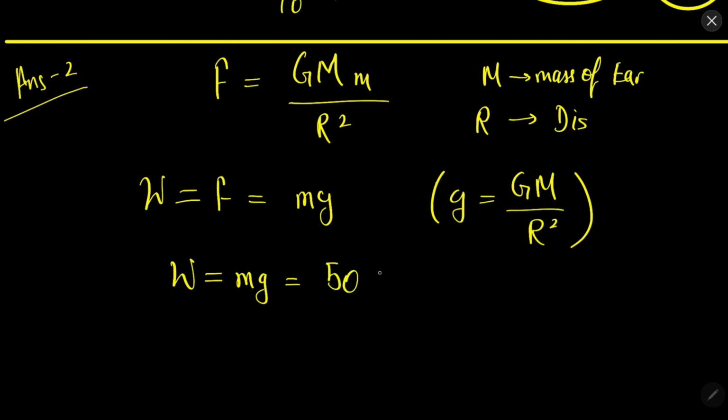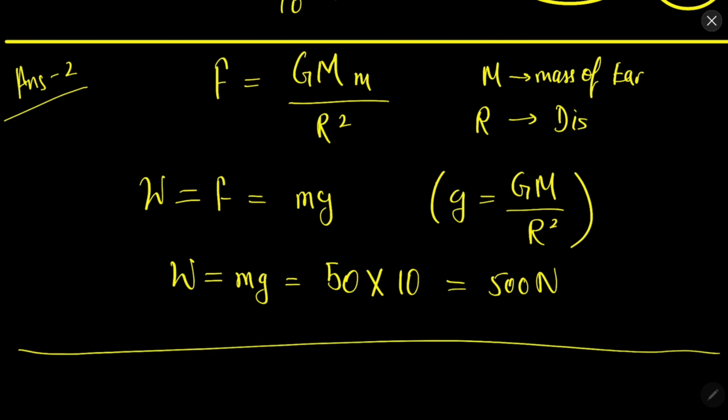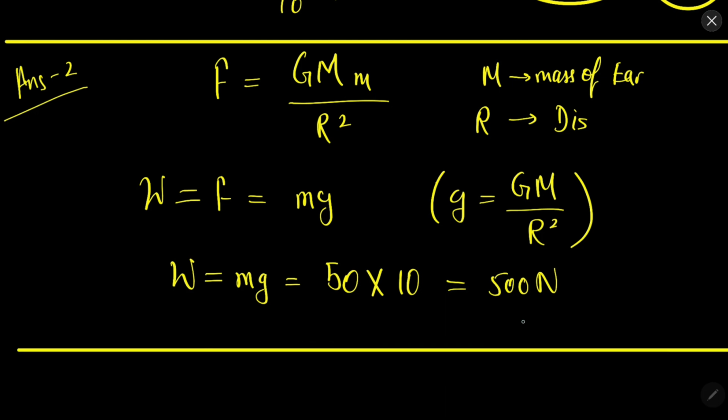So 50 into acceleration due to gravity, approximately 9.8, let's take it 10, so approximately 500 Newton. This is the force that is acting on you, this is your weight. You are also attracting the earth with the same force. The earth attracts you with 500 Newton, so you are also attracting the earth by the same force, that is 500 Newton.